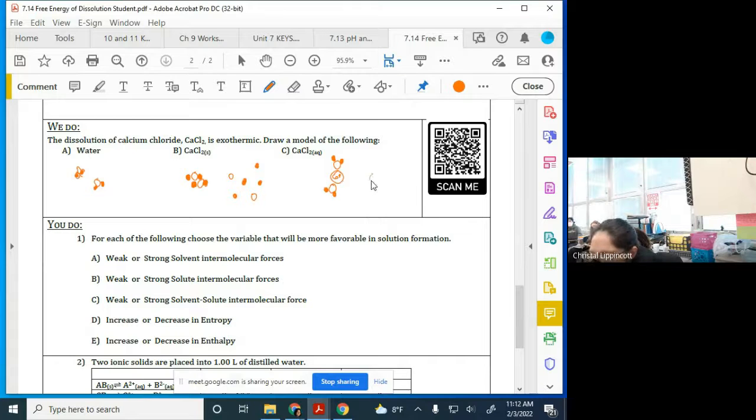My negative chlorine ion, this is my chlorine ion here, is going to be attracted to the hydrogen end of the water. There we go. Better? I guess. And that is Unit 7.